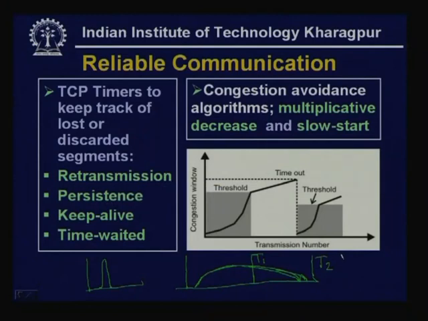Based on that, a retransmission timer is set, and after that if there is no timeout, then this timer is increased, and on the other hand if there is timeout, then it is decreased. In this way the retransmission timer is controlled, and a variable RTT is used, based on the best current estimate of the timer.